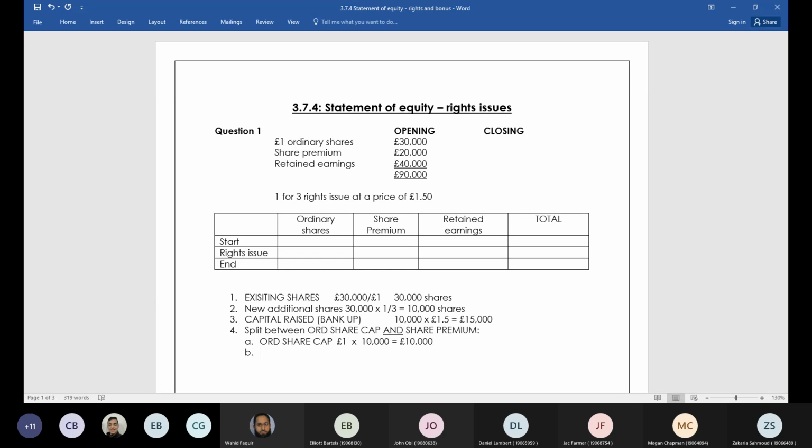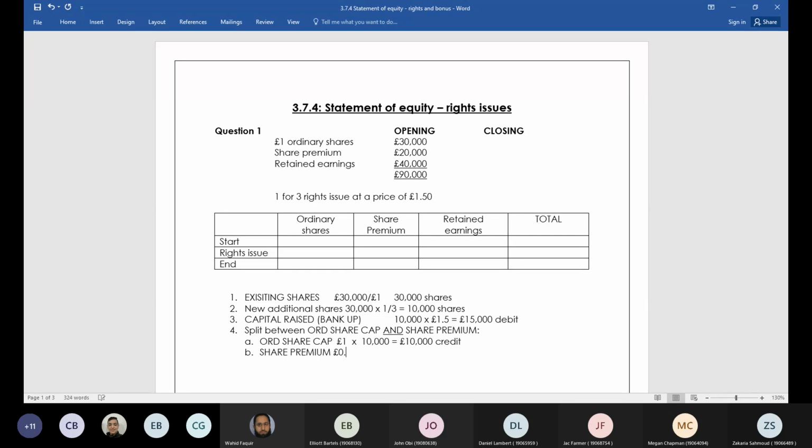Now if we left it at that point, we have got at the moment a debit of 15,000 and a credit, if you're using double entry, of 10,000. Top half of the statement of financial position has gone up by more than the bottom half. Of course, there is a share premium here because we're selling above the nominal value. By how much?